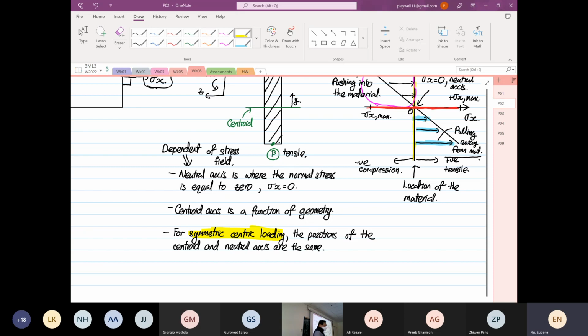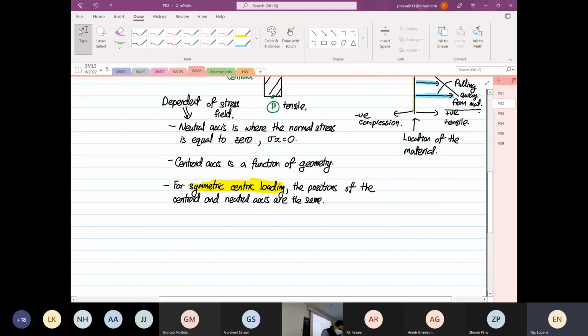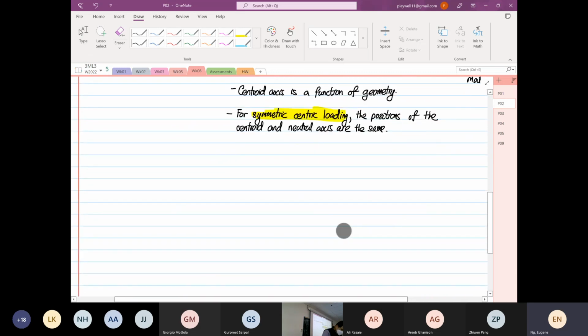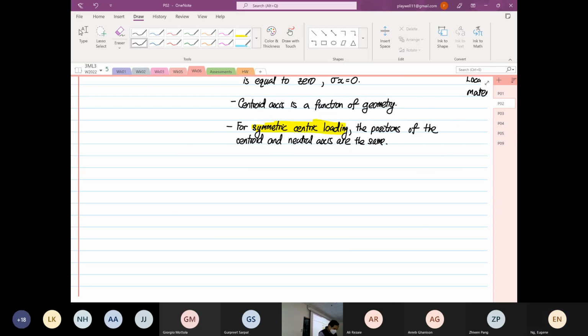So what do we mean by symmetrical or symmetric loading?